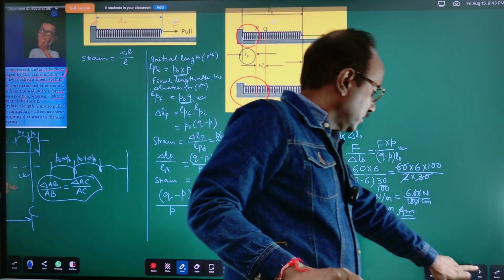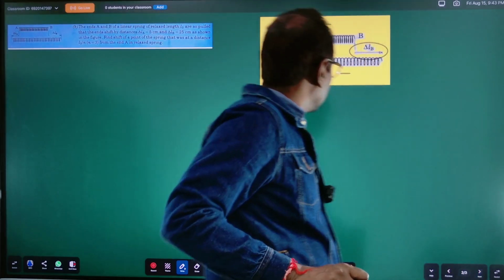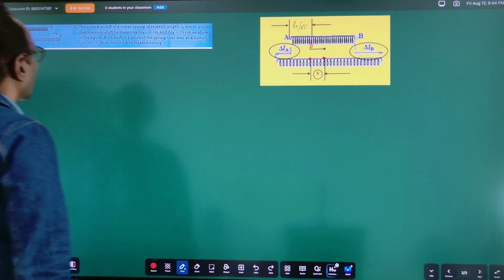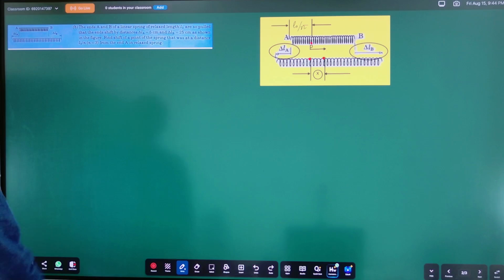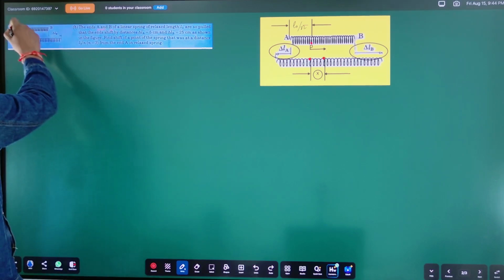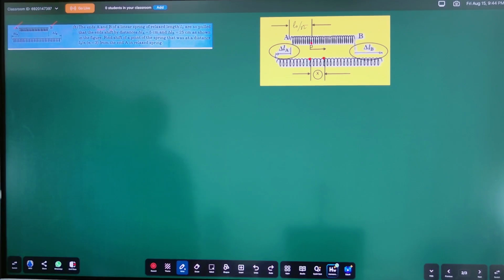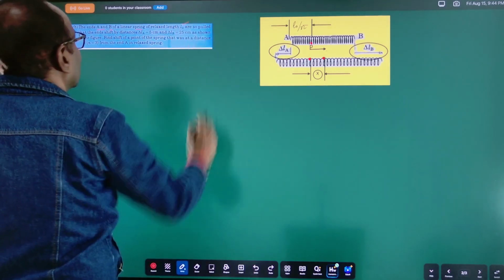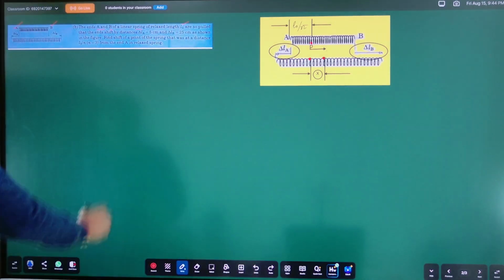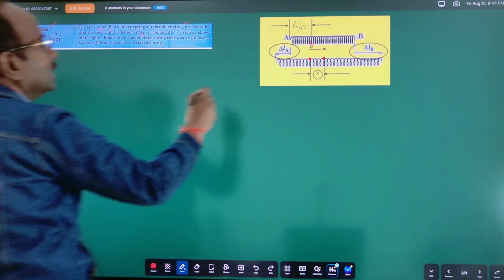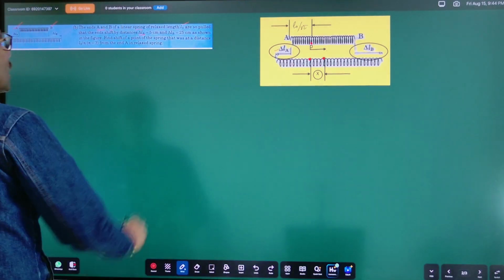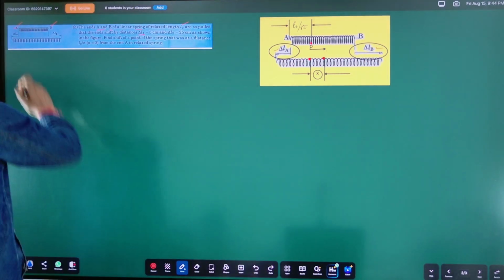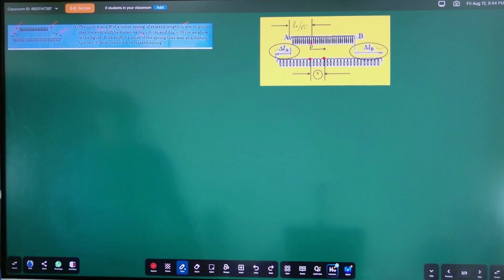Now let us go for part B. Part B is saying the ends A and B of a linear spring of relaxed length L0 are so pulled that the ends shift by distance delta LA and delta LB, which is shown here as well in the question's figure.